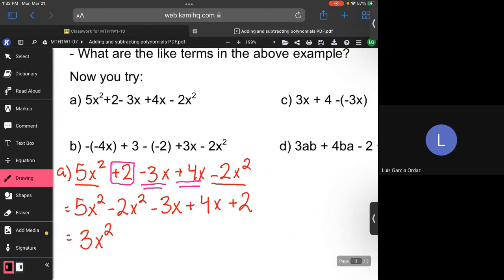What's negative 3x plus 4x? Matthew. 1x? Yeah. So plus x. We don't have to write the 1 because if there's a variable with no coefficient, it's automatically 1. And then plus 2 is by itself. You can't add 2 to an x. So our simplified expression is 3x squared plus x plus 2.